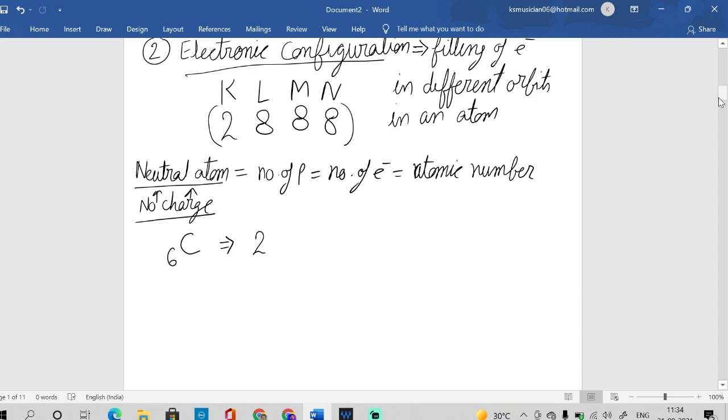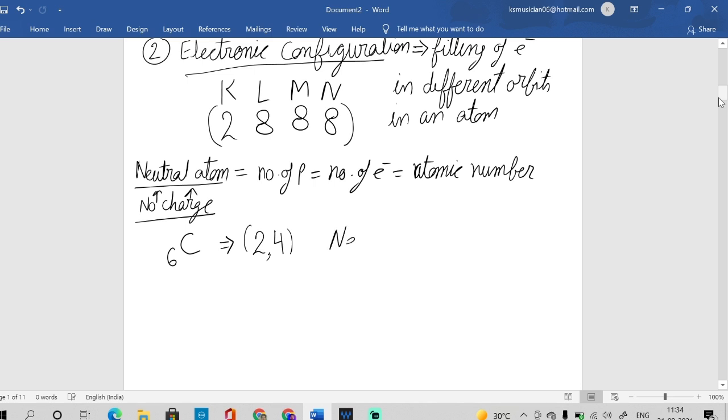The remaining electrons are 4, because the total was 6 and 2 electrons filled the K shell. These 4 will enter the L shell, because it can accommodate 8 electrons but we have only 4. So this will be the electronic configuration of carbon.